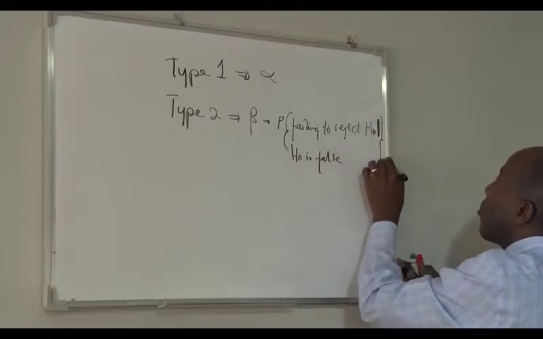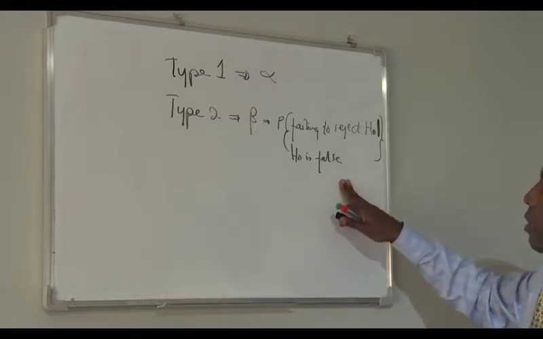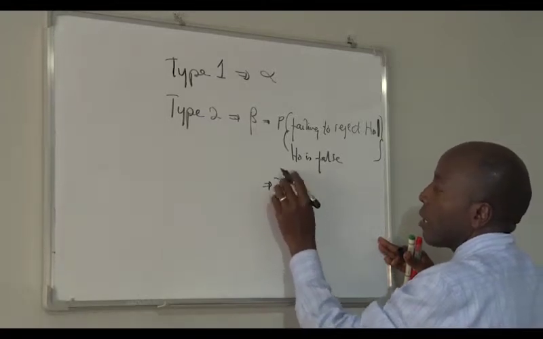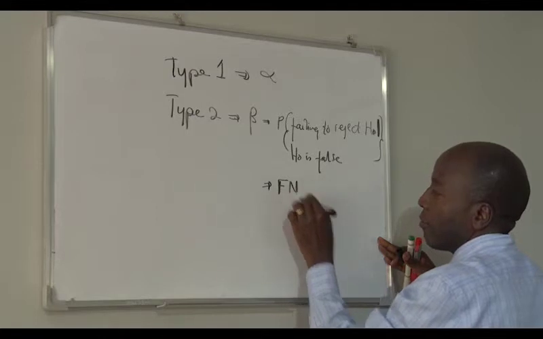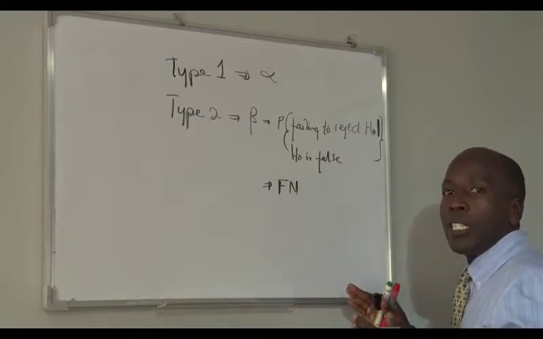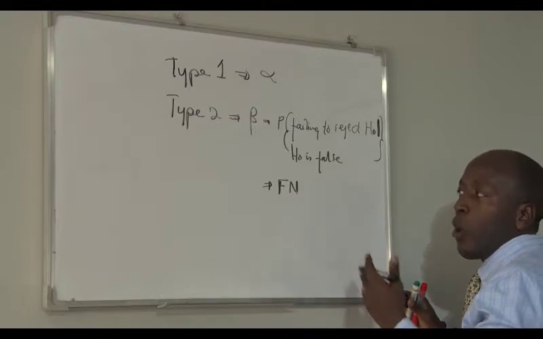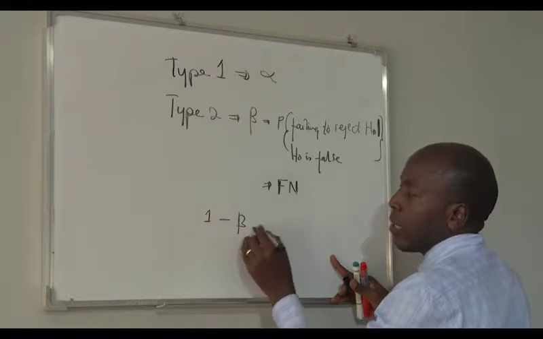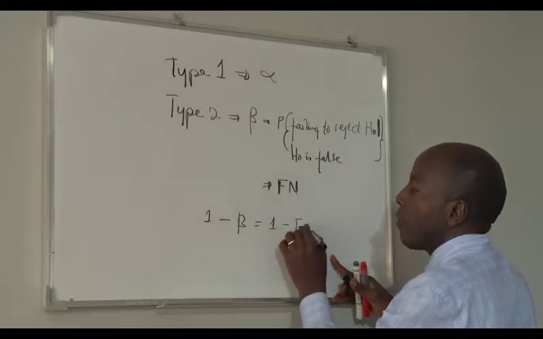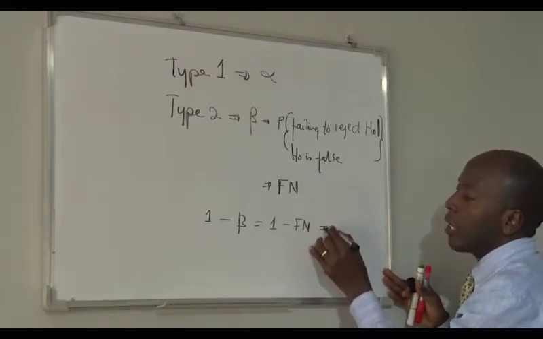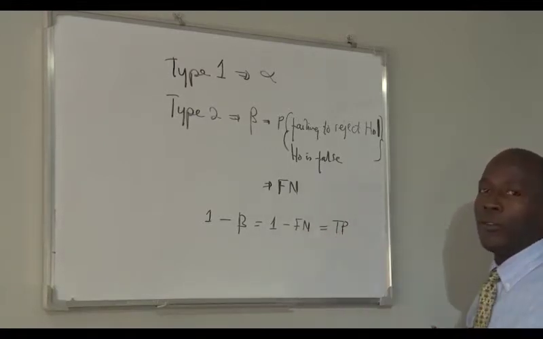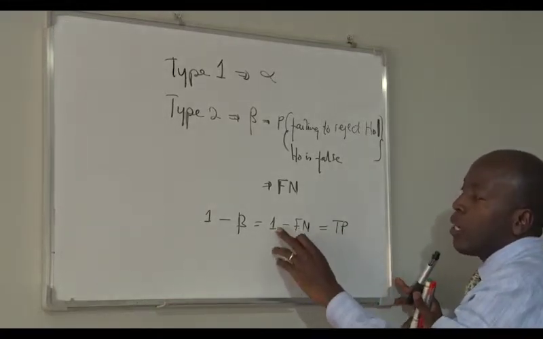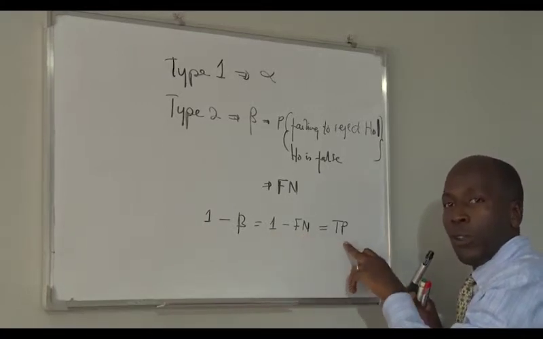This is the probability, and beta represents the false what? Negative. Now, since the probability ranges from 0 to 1, 1 minus beta is the same thing as 1 minus false negative, and this gives you true positive. If this plus this equals 1, then 1 minus false negatives gives you the true positive.